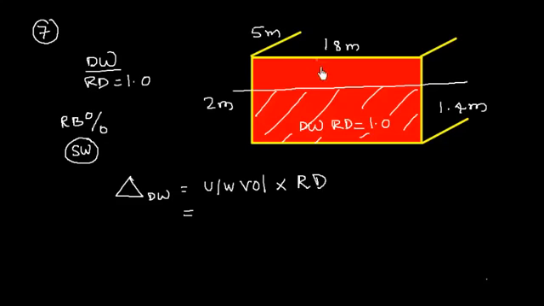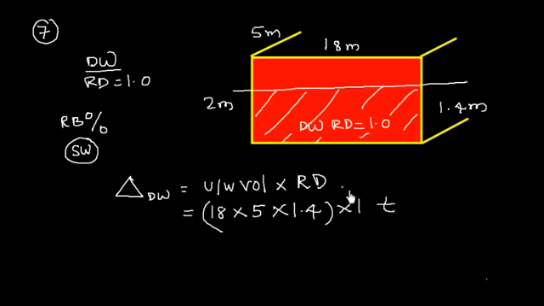The underwater volume is the length 18, into the breadth 5, into the draft D, which is 1.4 meter, and the relative density is 1, and this is in ton.